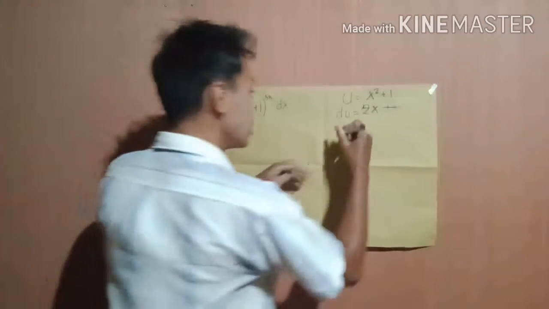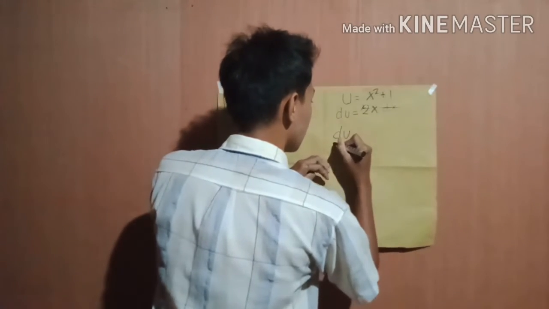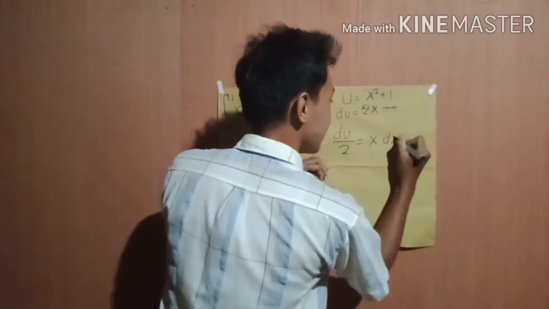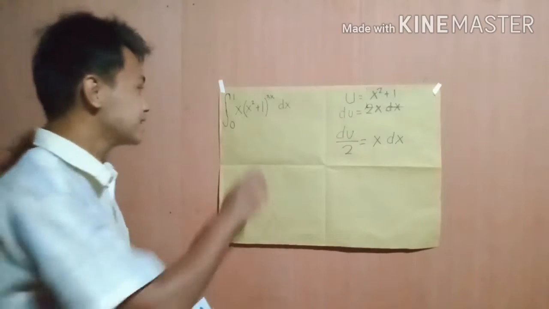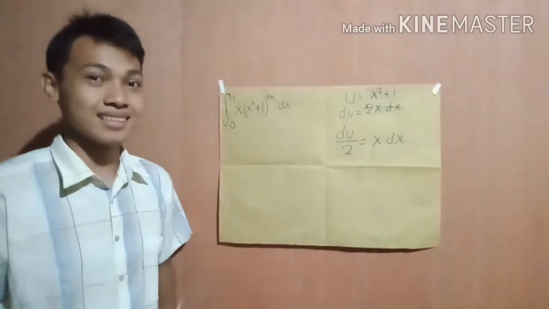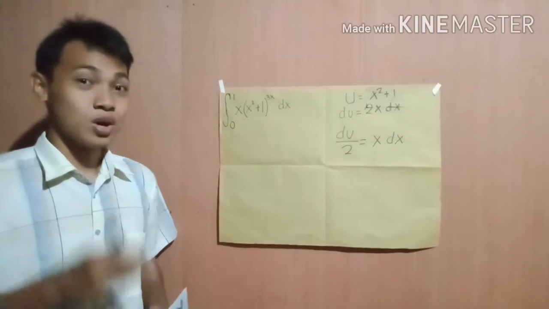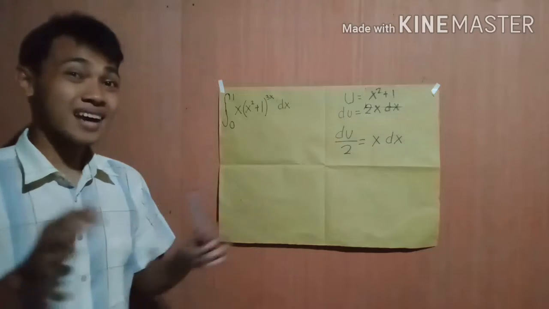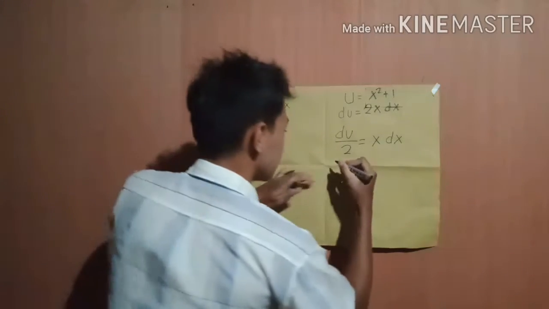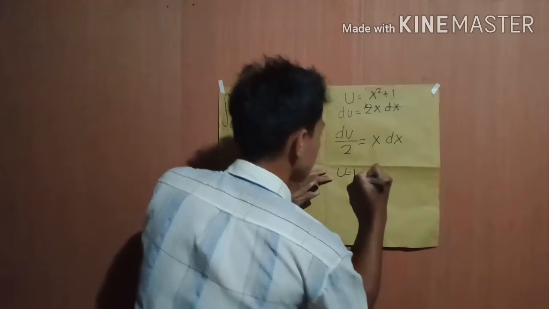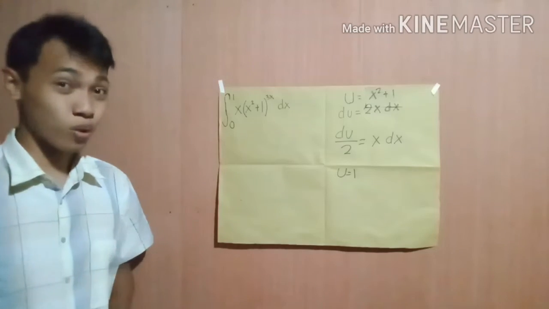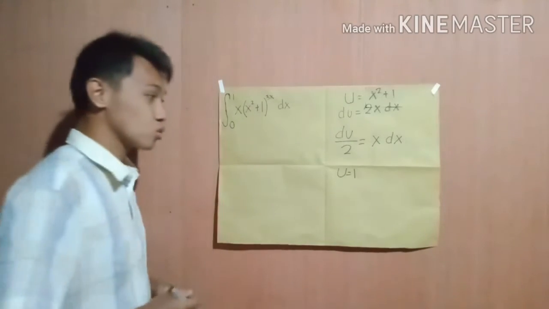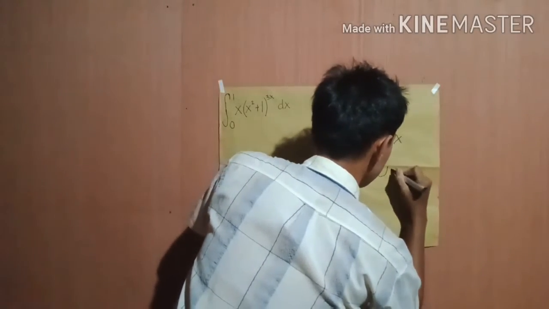So du over 2 is equal to x dx. Now, these limits are about x, and the problem will be solved with u, so I need to change those limits. When x is 0, u is equal to 1. When x is 1, plugging into the x squared, u is equal to 2.